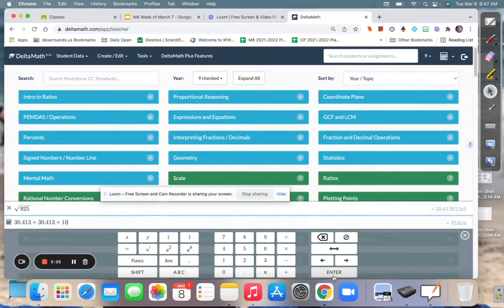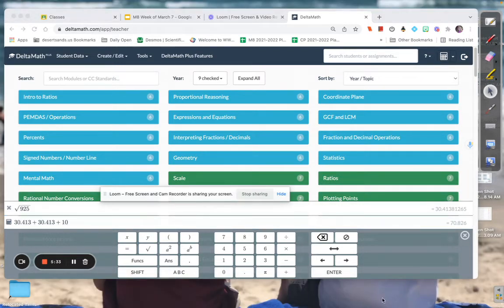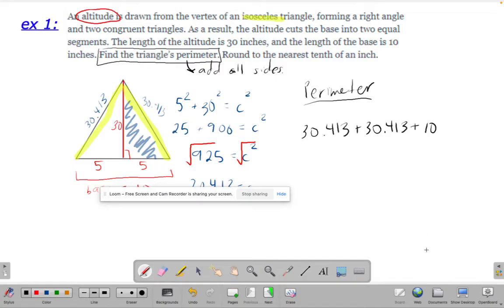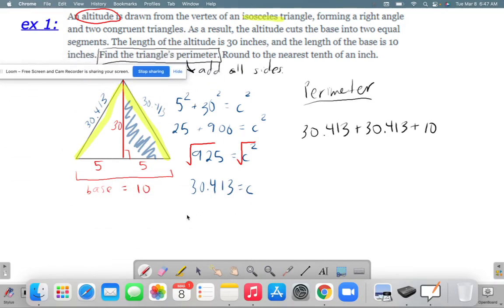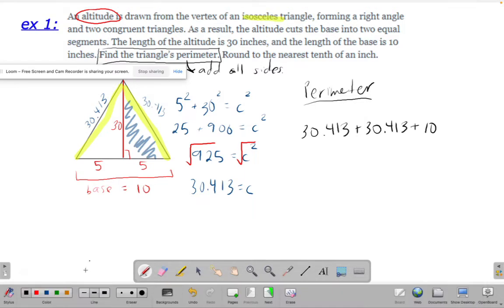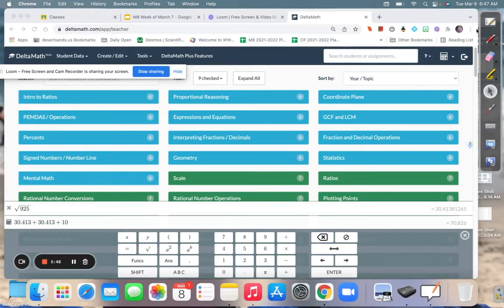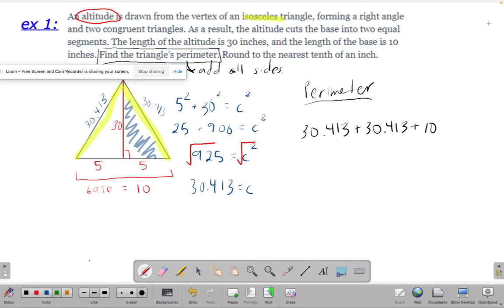And we'll write that down. What did we say? 70.826.